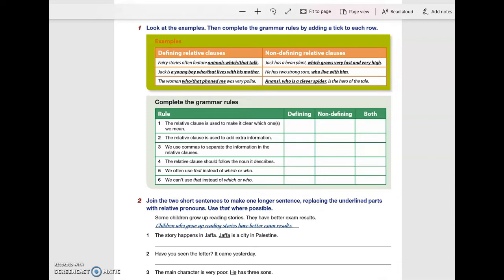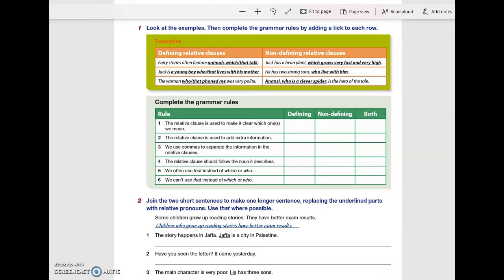Let's move to sentence number 3. Sentence number 3 is very important. Can you do it? Take a minute. The woman who or that phoned me was very polite. The woman was very polite. This is the first sentence.